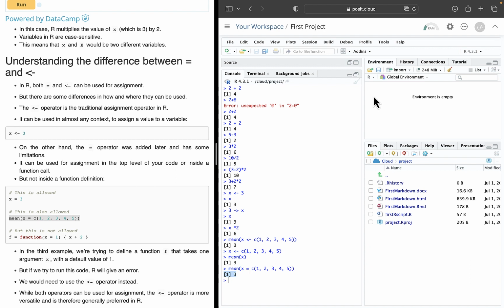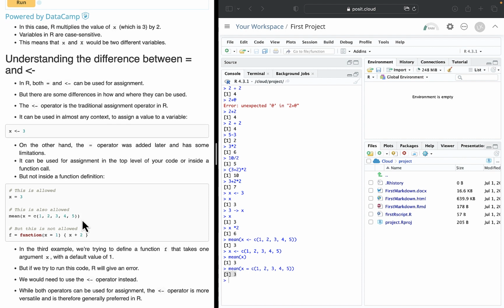There's reasons why you would want to do that. One big place where you can't do this is the definition of functions. This right over here, that's not allowed. You can't do that, but we haven't really gotten there yet, so I'm not going to get too worried about it.